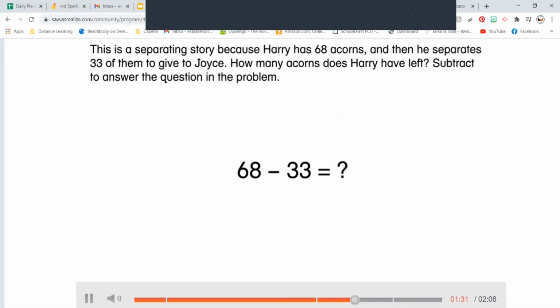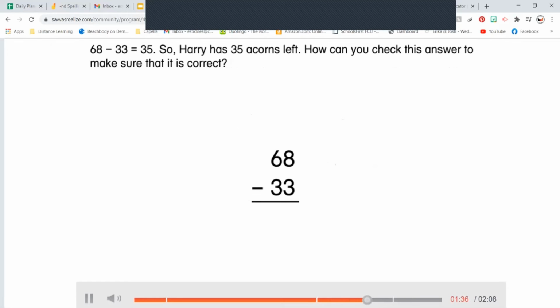Subtract to answer the question in the problem. 68 minus 33 equals 35. So Harry has 35 acorns left. How can you check this answer to make sure that it is correct? We could add them back up together, so we could take 35, our answer, and add it back to the 33 that we took away.